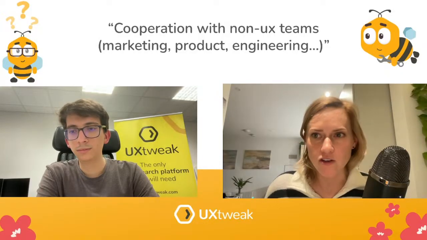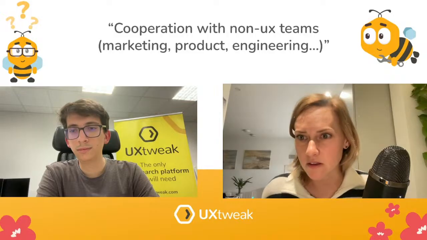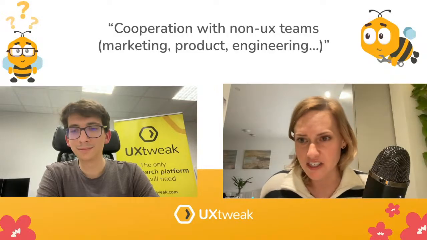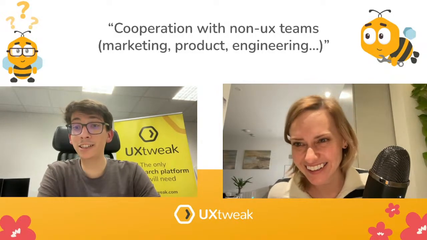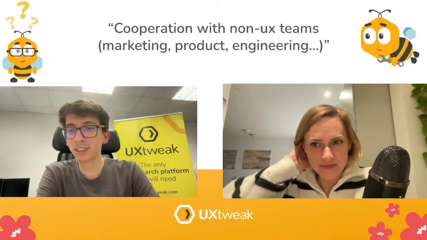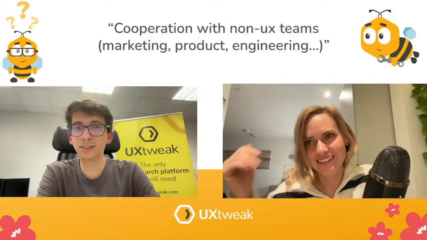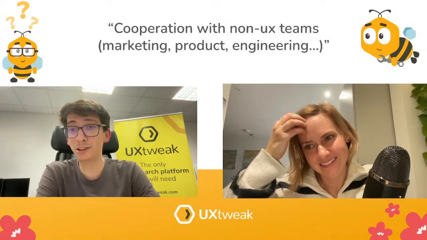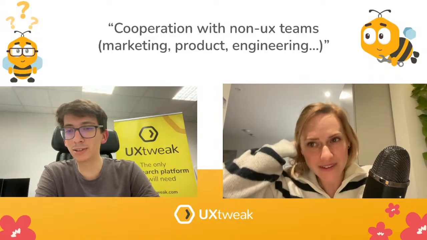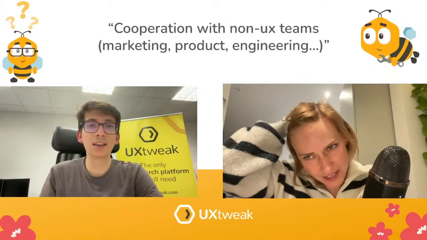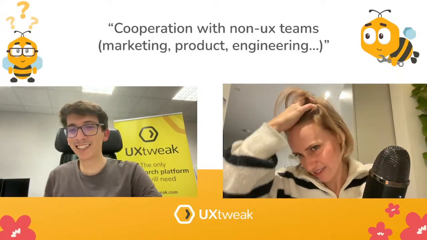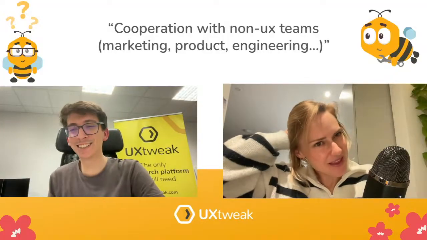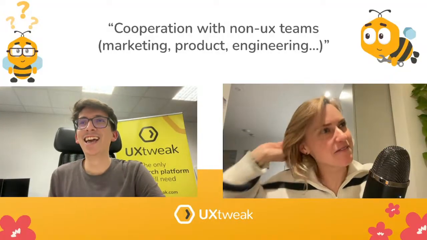But I try to just make friends with literally the entire company. Yeah, and highlighting that you are on the same team in the end, and that it's in everyone's best interest to collaborate and help each other. Absolutely. So just making friends is the answer to this. Yeah, making friends and influencing people. There's a book like that, right?